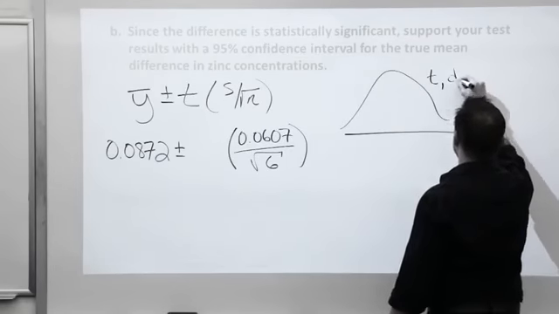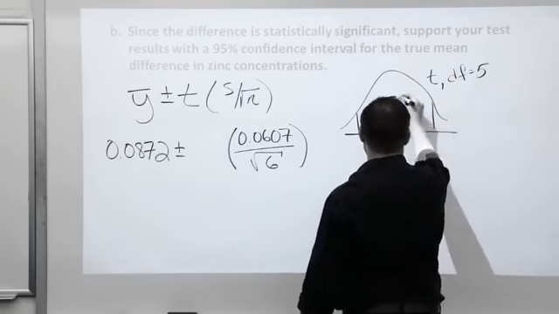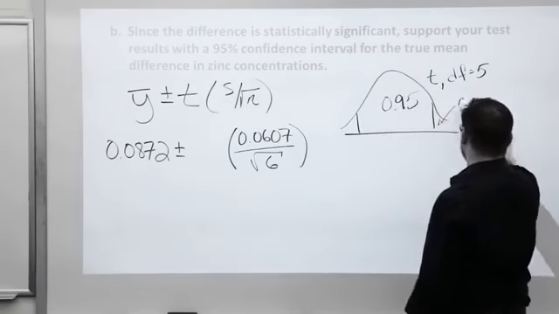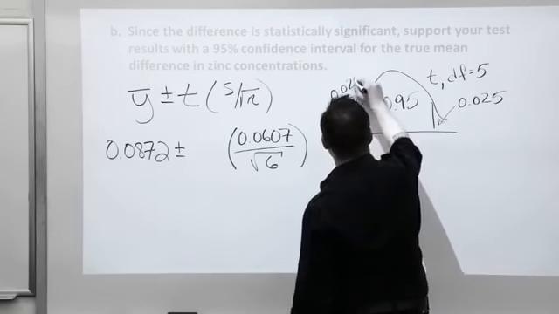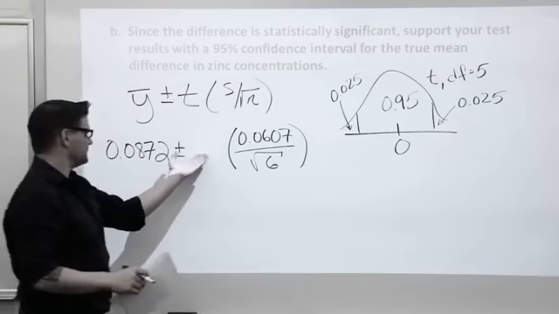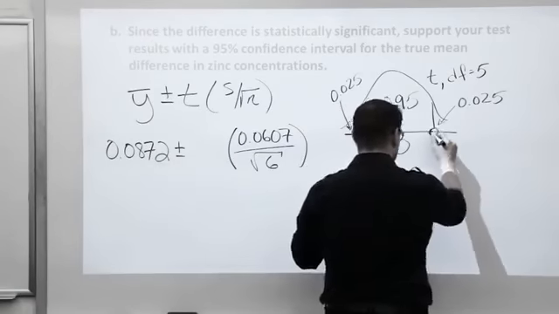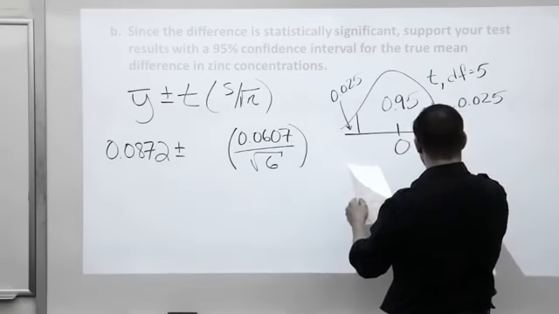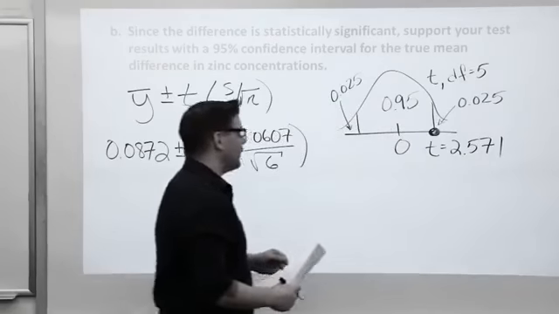And I could use the t calculator, degrees of freedom equals 5 on StatCrunch. I'd be slamming 95% in the middle. It's leaving me 0.025 on both sides, and that's the t number that goes here for the confidence interval. Of course, we could just, like with our eyes closed, get this, and that's about 2.571.